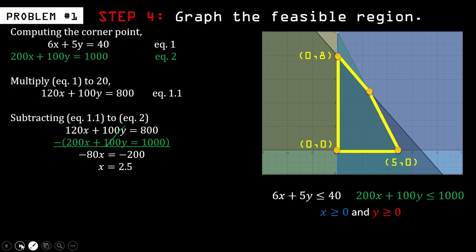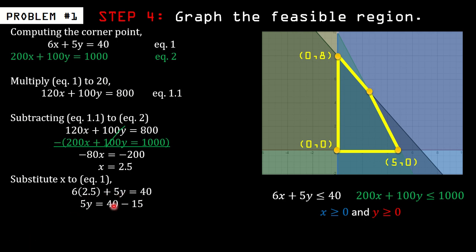So now we have the value of x of this corner point. But to solve for y, let's substitute it into equation 1 or equation 2. Let's substitute it in our equation 1: 6x plus 5y is equal to 40. Substitute x is equal to 2.5. We'll have 6 times 2.5 plus 5y is equal to 40.